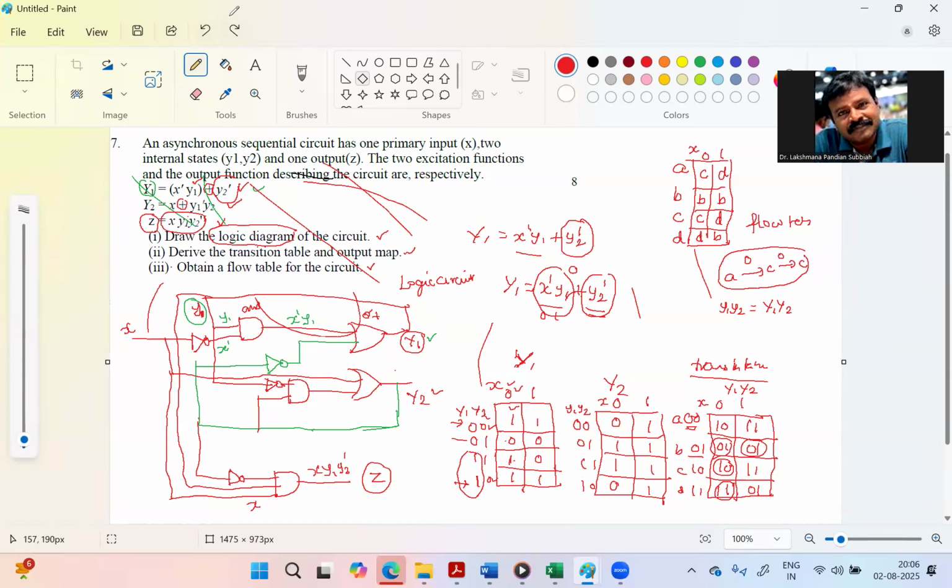That is here y1 y2 dash x, y1 y2 dash x, right? So at x y1 y2 dash x, then at what time is z 1? 101 is z 1. In all other cases z is 0.